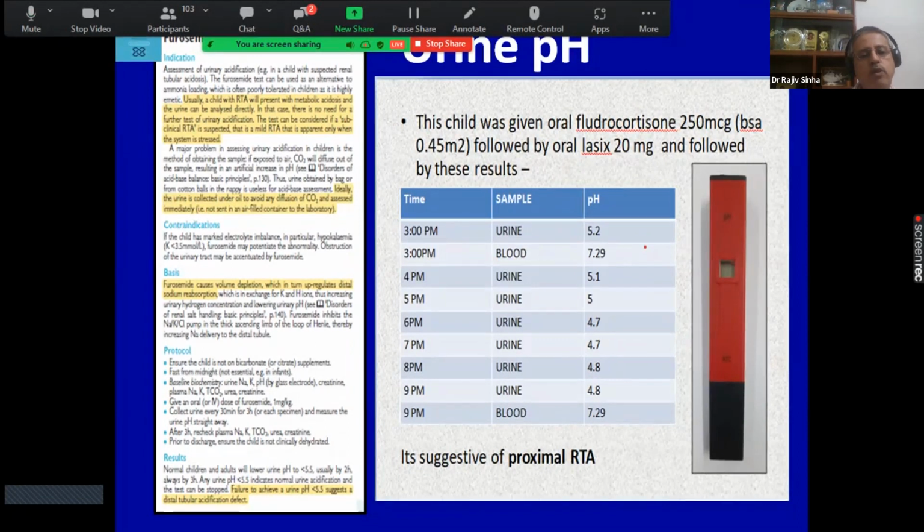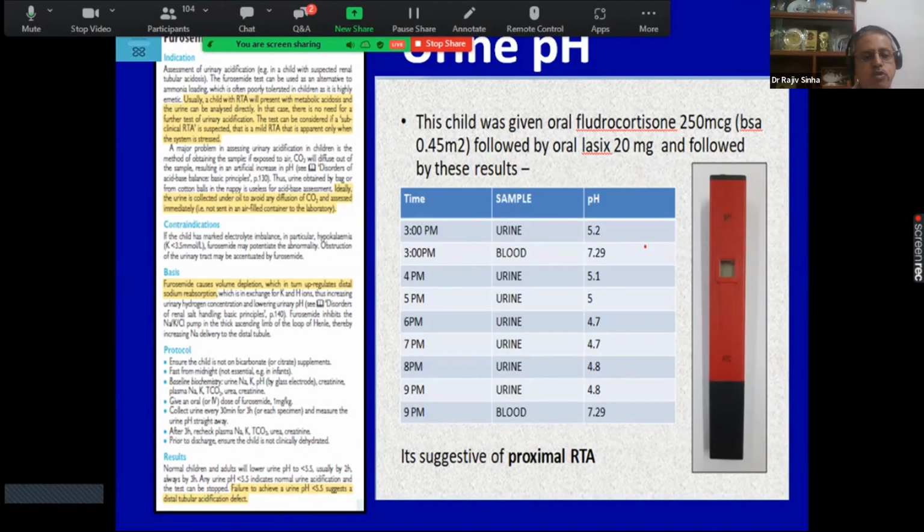If you have to go for a furosemide acidification test, then there is this protocol here, and this actually works on the principle that after you are sure that the child is acidotic, you give furosemide IV or oral.